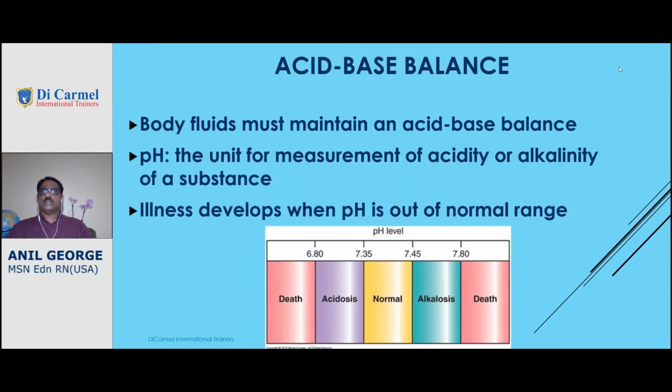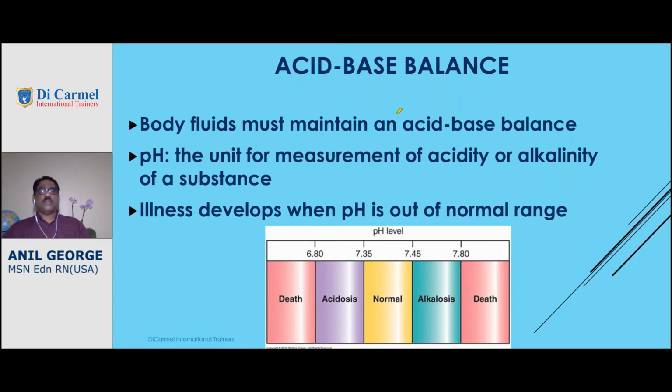So let's use our PowerPoints here to understand acid-base balance a little more closely. The underlying concept is that for us to survive and function, our body fluids must have a certain balance, what we call equilibrium or homeostasis. So all body fluids should have that balancing mechanism.